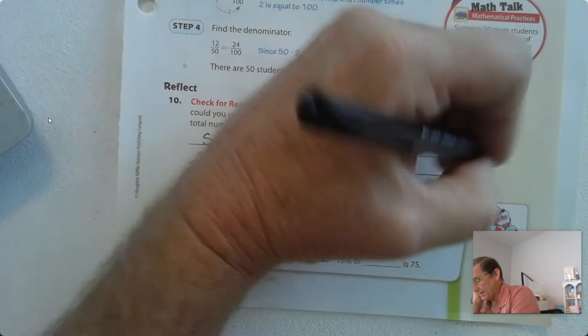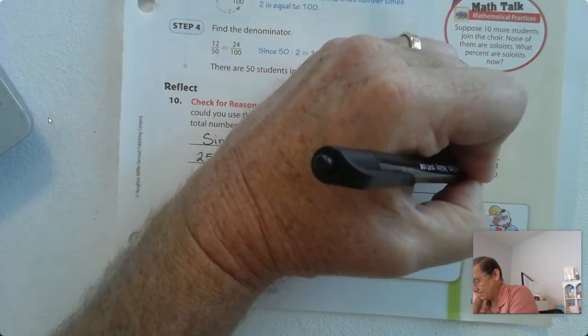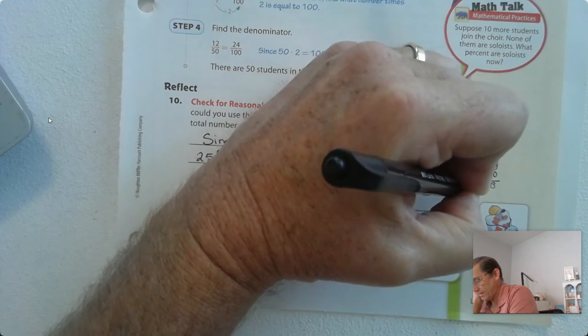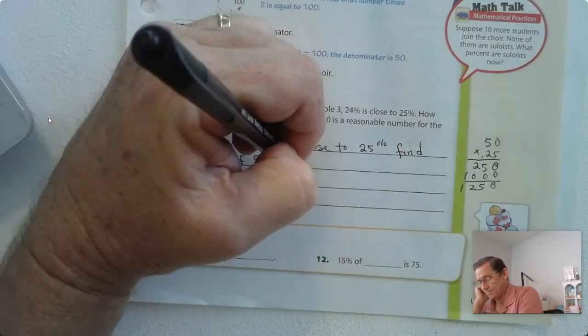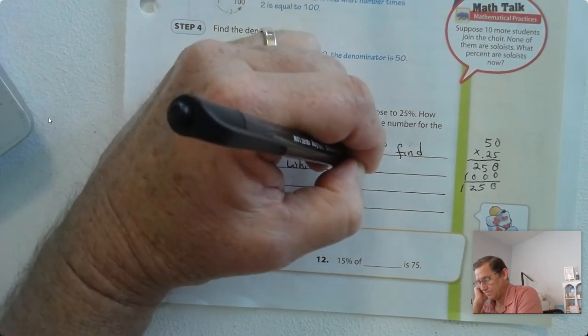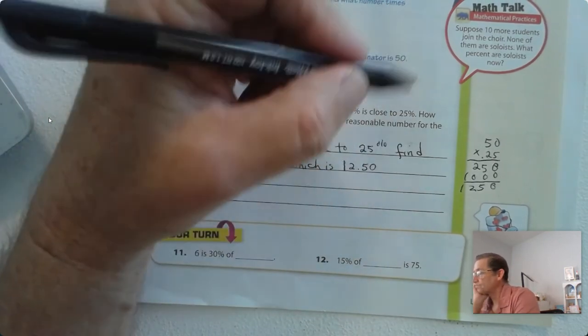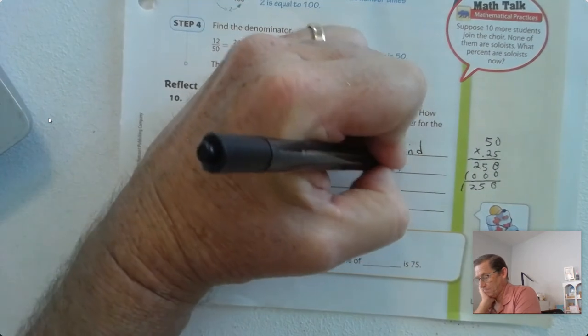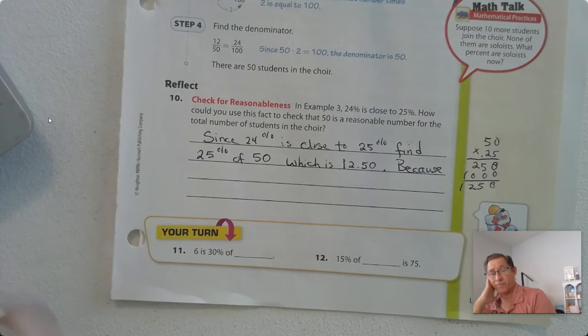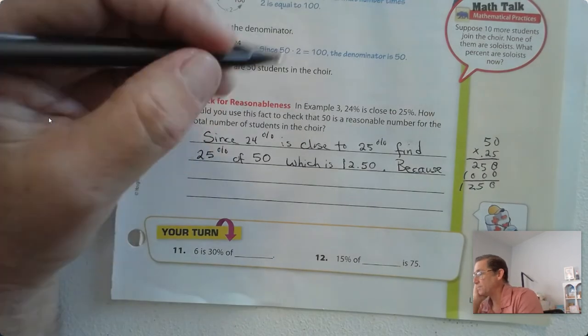We could multiply that, and we'd get 12 and a half. Well, 12.5 is close to 12, isn't it? Sure.